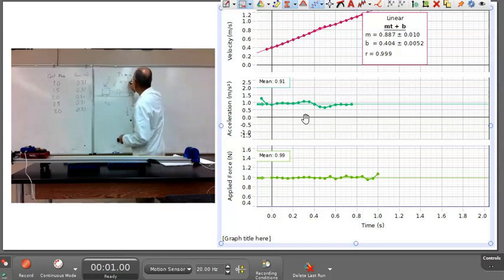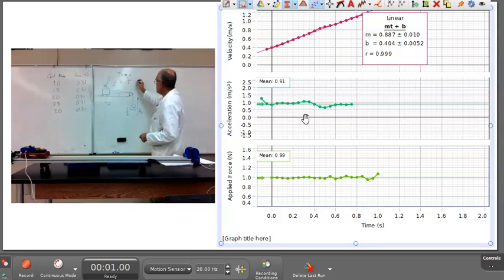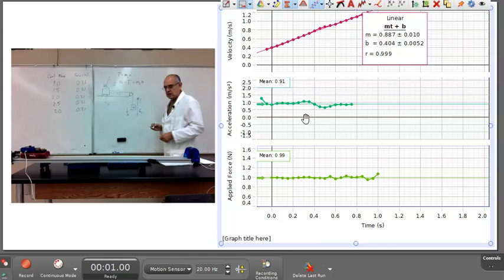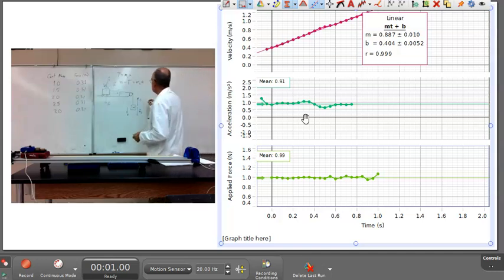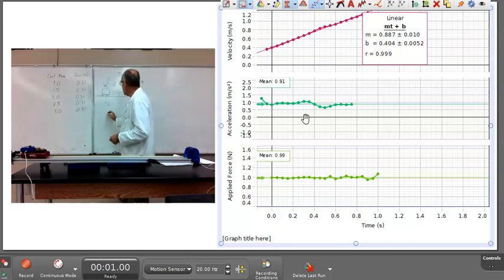I'm going to subtract the tension, and that's going to be equal to mass 2 times its acceleration. Okay. So far, so good. Let's finish this up. When we put the equations together, the weight pulling downward minus the tension, which is equal to mass 1 times the acceleration, equals mass 2 times the acceleration.